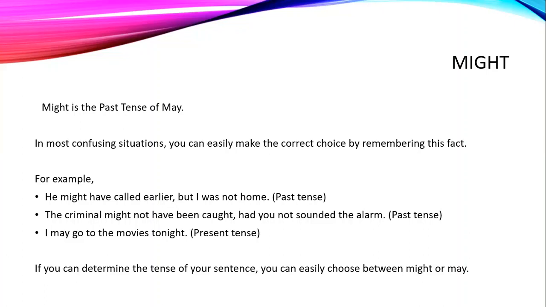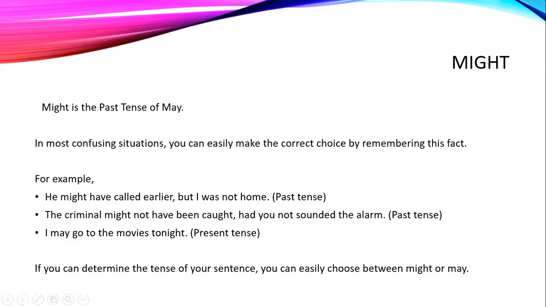So might is the past tense of may, and you can determine the tense of your sentence by thinking whether it's present tense or past tense. After determining the time of your sentence, you can easily choose between may and might.